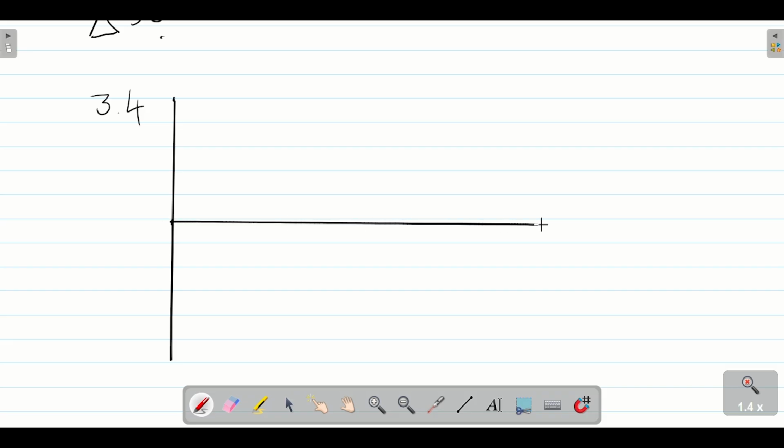So for 3.4, let's draw our y and x axes. We'll need both positive and negative, and it's important to keep that in mind. Because we need both positive and negative, we will need to have a 0 point somewhere in the middle of the graph.